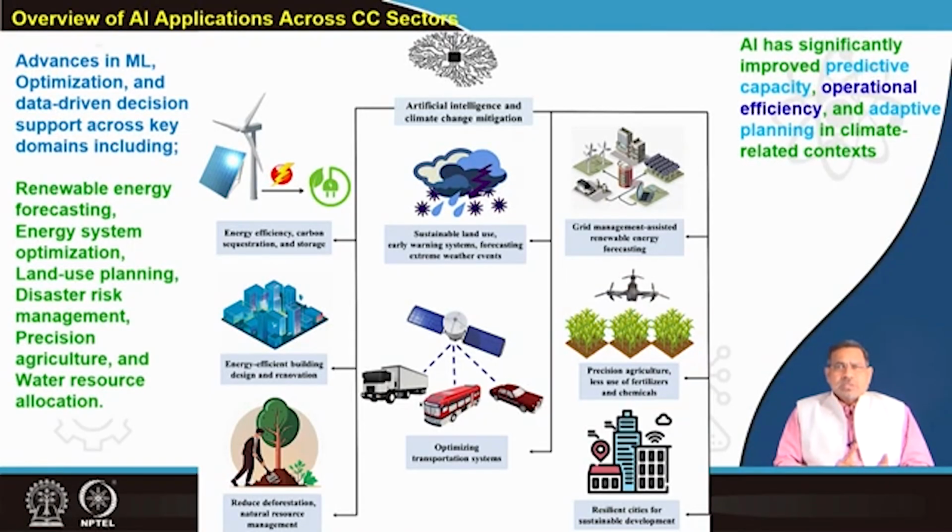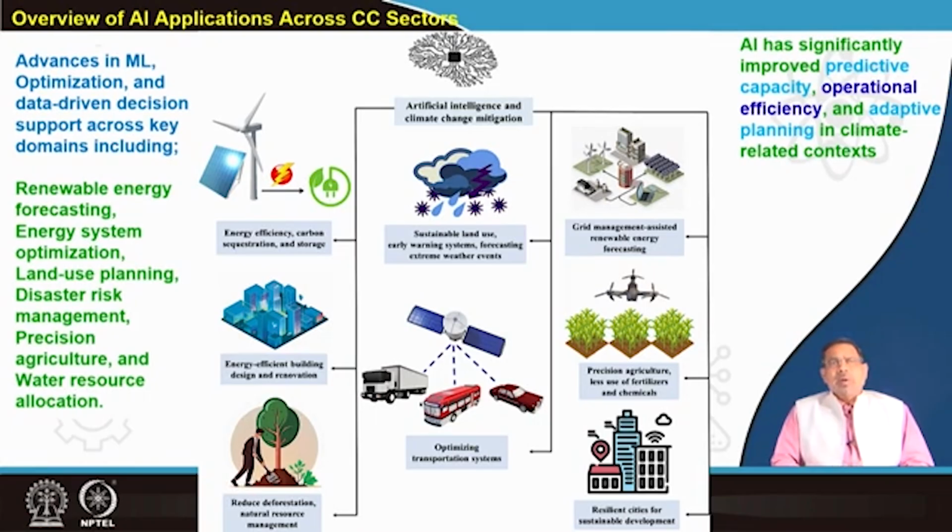So, three things I mentioned. It helps in improving the predictive ability because it deals with large volume of data. It also thereby improves the operational efficiency and also helps in adaptive planning as far as the climate action related mitigation and adaptation activities are concerned.